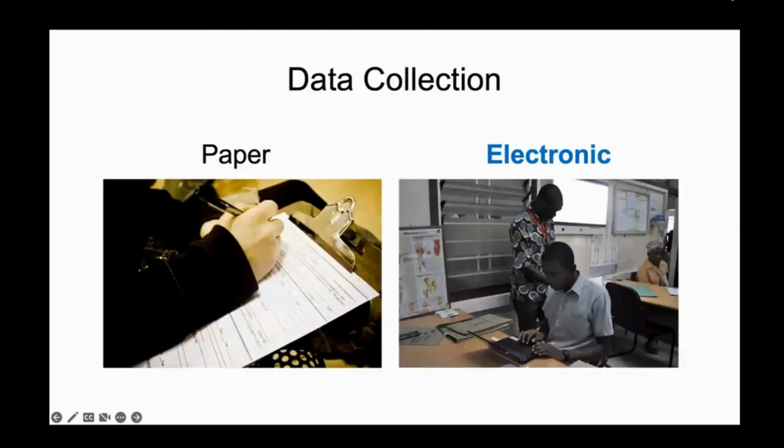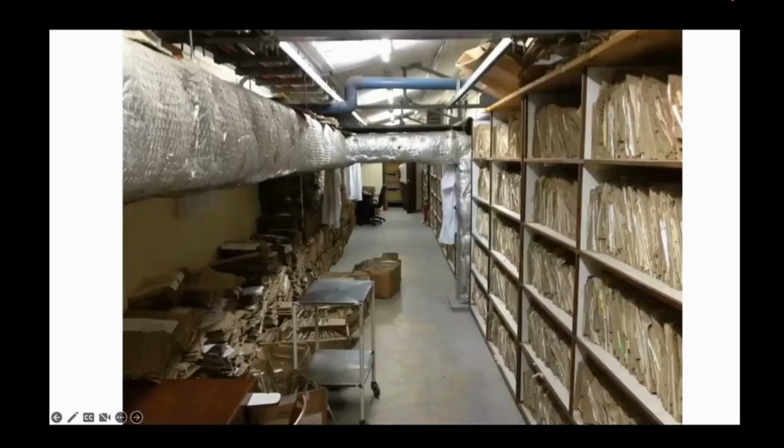Do we collect paper forms or go electronic? Well, we found out very early on that paper forms were really problematic at getting printers, filing these papers away. A lot of that paper could be done away with the emergence of high quality electronic data capture, which again helped us overcome the nightmarish chart storage process that you can see here in one of the medical records rooms at Muhimbili.